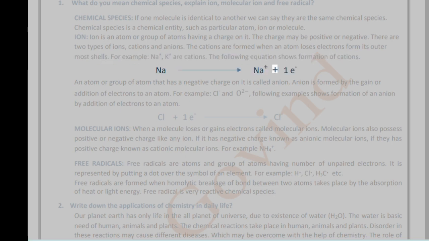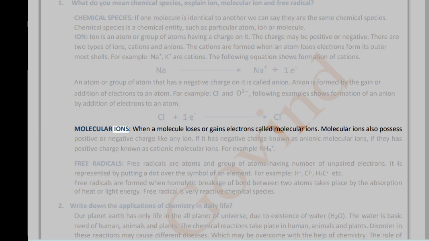Na → Na+ + 1e. An atom or group of atoms that has a negative charge on it is called an anion. Anion is formed by the gain or addition of electrons to an atom. For example, Cl- and O2-. The following example shows formation of an anion by addition of electrons to an atom: Cl + 1e → Cl-.